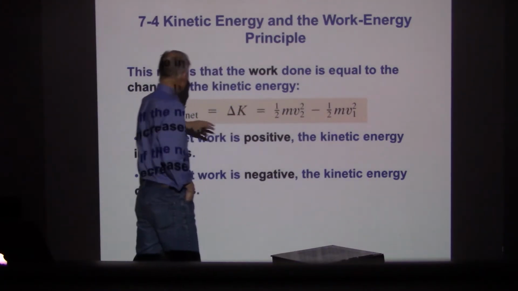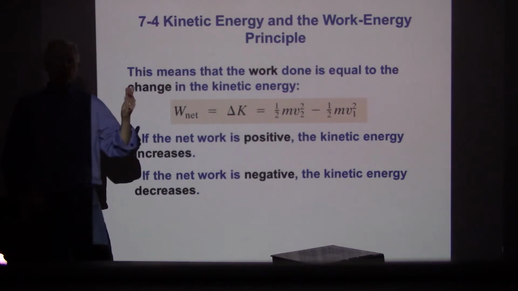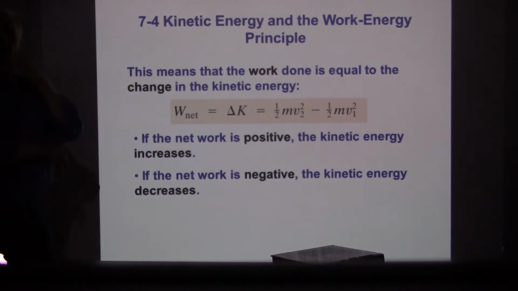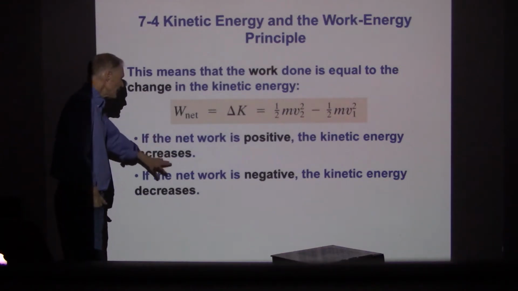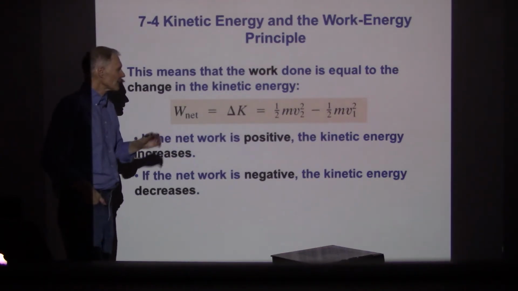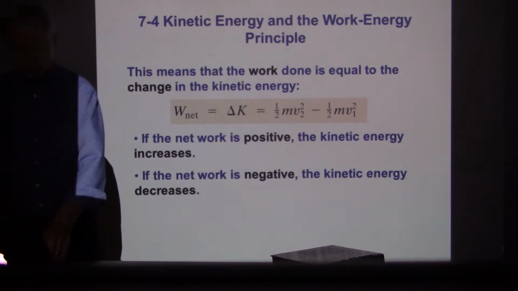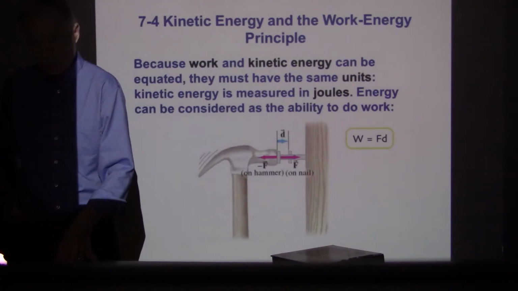And so that's it. It's highlighted. Energy transfer into that object will show up as an increase in kinetic energy. Or negative, we could have a force working against the motion, like putting the brakes on in a car, and then the net work, if it's negative, the kinetic energy decreases. Those are going to be the possibilities here.